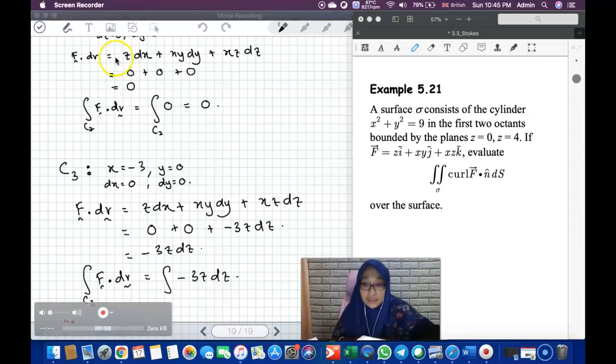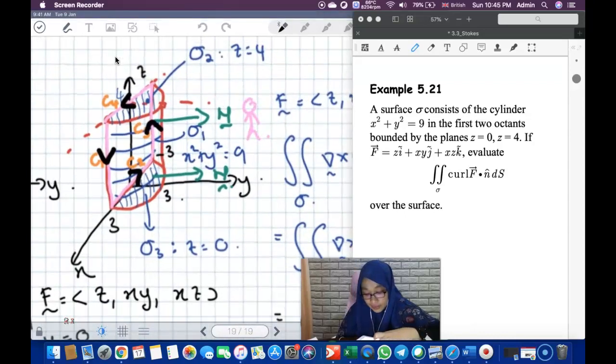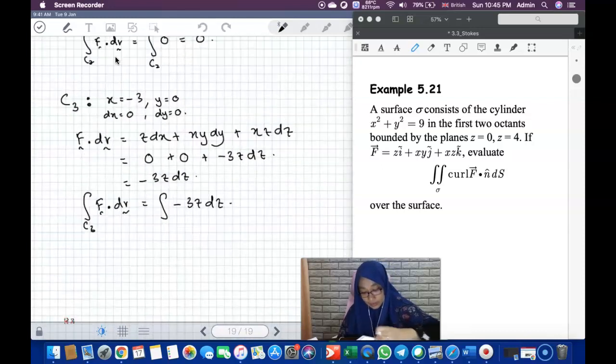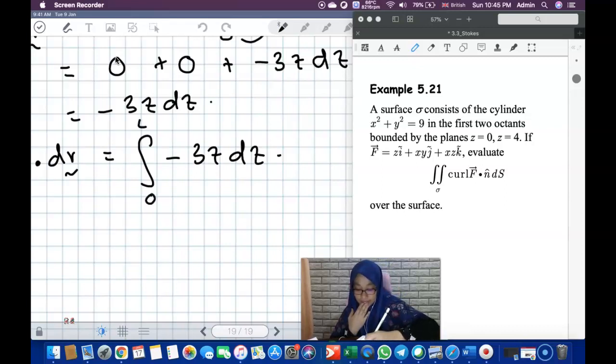Look at the limit along C3: z from 0 to 4. 0 is the initial, 4 is terminal.